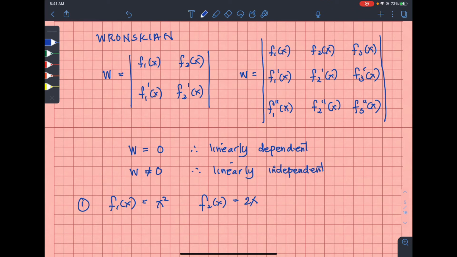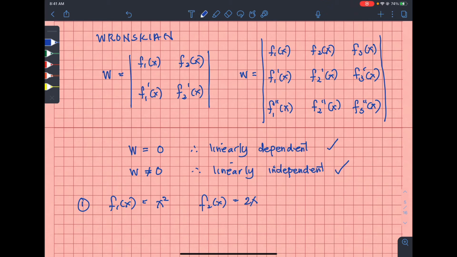So in solving the matrix, parang kamukha nung kanina. If it is equal to 0, it is linearly dependent. If it is not equal to 0, it's linearly independent. But how do we form the matrix?